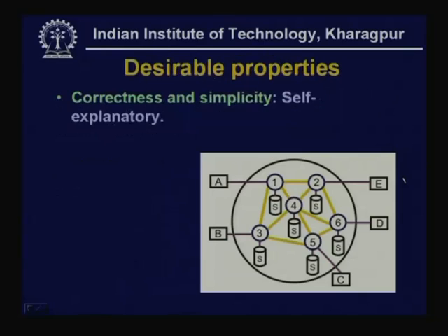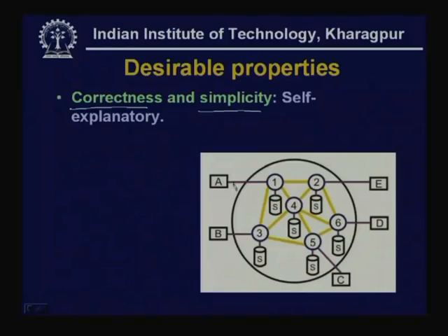Now, let us see what are the desirable properties of routing. We want the routing algorithm to deliver a packet from a source to a destination. The first 2 important properties are correctness and simplicity. These 2 terms are self-explanatory. By correctness, we mean the packet should be delivered to the correct destination.